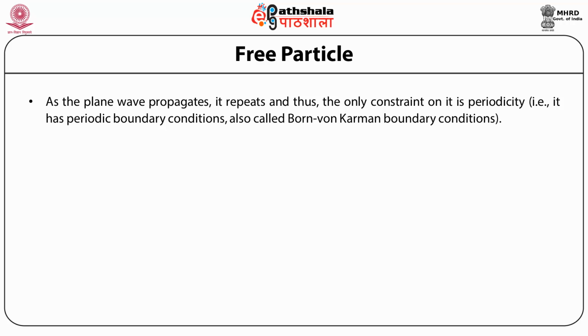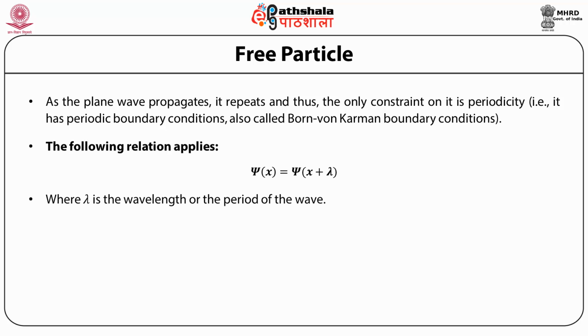That is, it has periodic boundary conditions, also called Born-von Karman boundary conditions. The following relation applies: psi of x equals psi of x plus lambda, where lambda is the wavelength or the period of the wave.